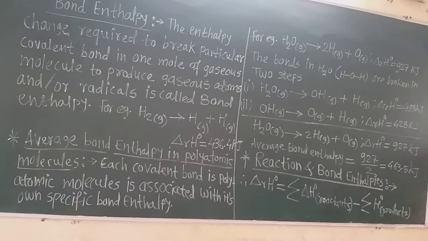So the enthalpy change required to break a particular covalent bond in 1 mole of gaseous molecule to produce gaseous atoms or radicals is called the bond enthalpy. For example, in H2 gas, that is hydrogen gas, when the covalent bond between the two atoms breaks, two gaseous hydrogen atoms are formed.